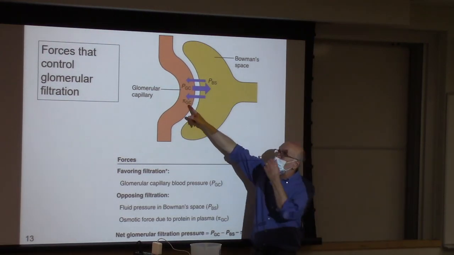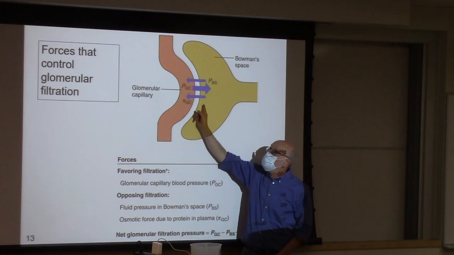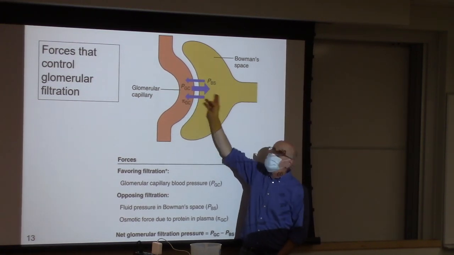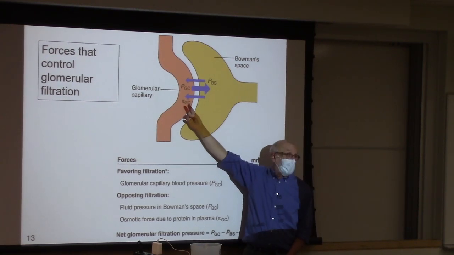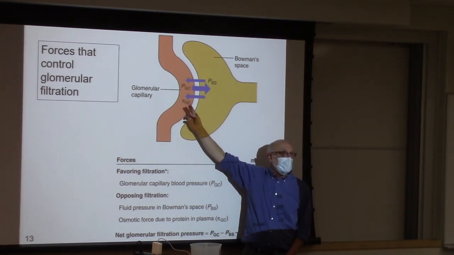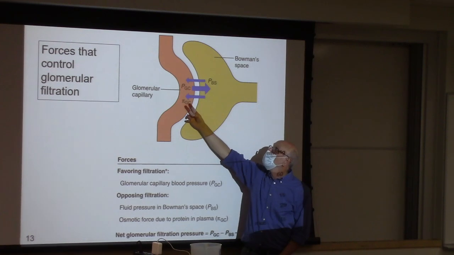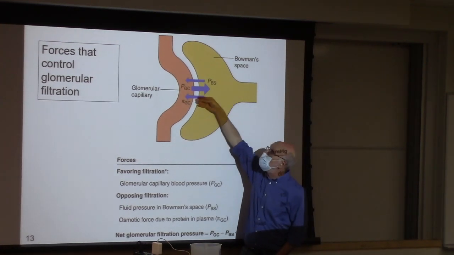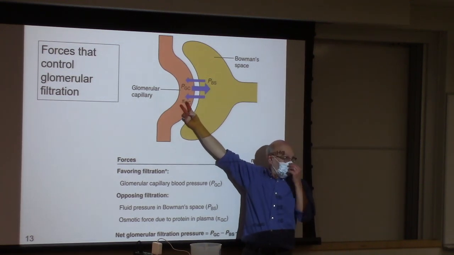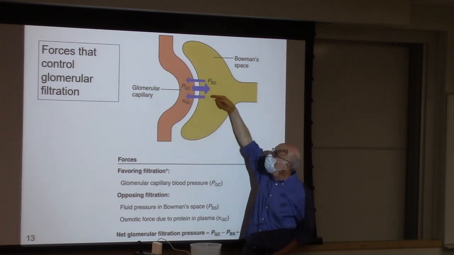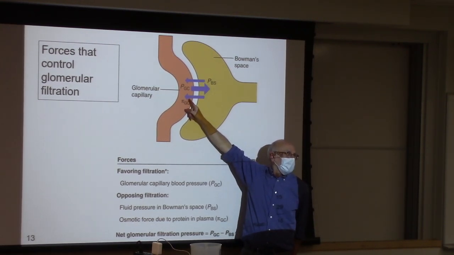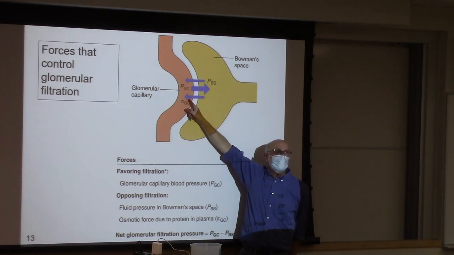So what forms this osmotic differential is not salt, because salt is freely filtered. It's protein. The osmotic force of protein in the plasma is what makes this arrow. The solute is mostly protein, and most of that protein is called serum albumin.